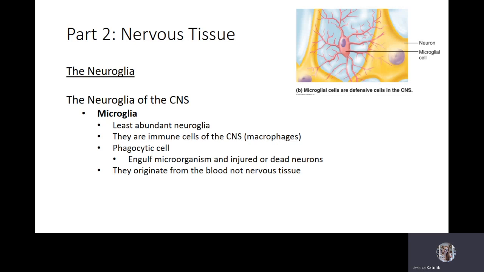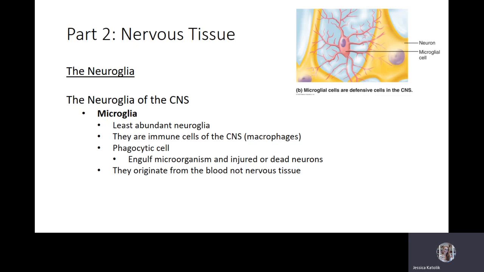Oh, microglia are super awesome. These are actually the least abundant cells found in the central nervous system. And really they're the immune cells of the central nervous system. Their major job is to do what is called phagocytosis. Phago in Greek means to eat, and cyte means cell. So phagocytosis is really the process of cell eating.